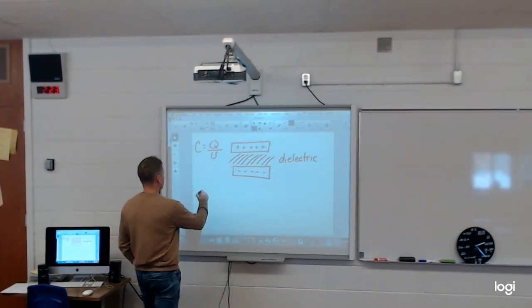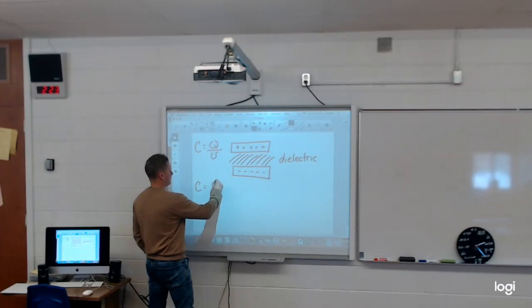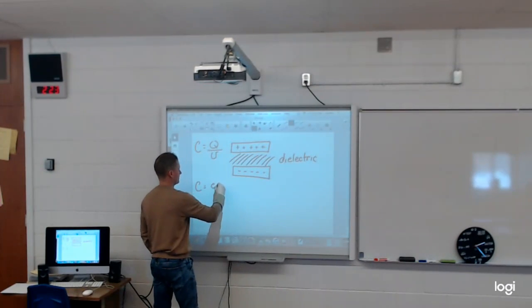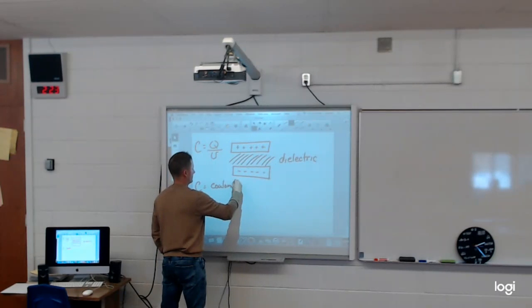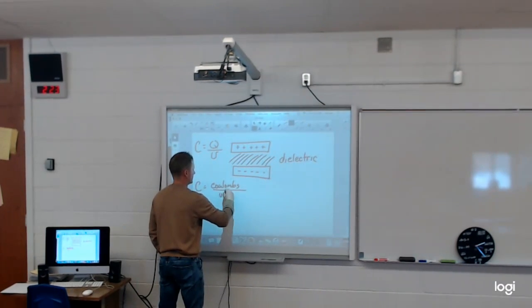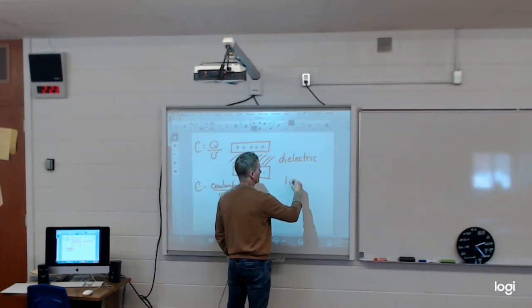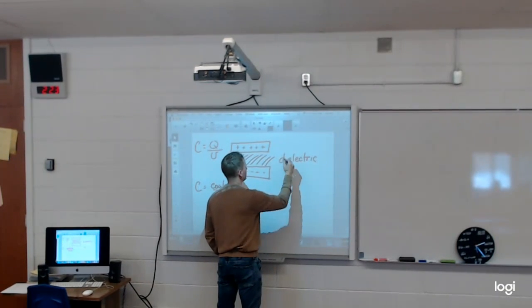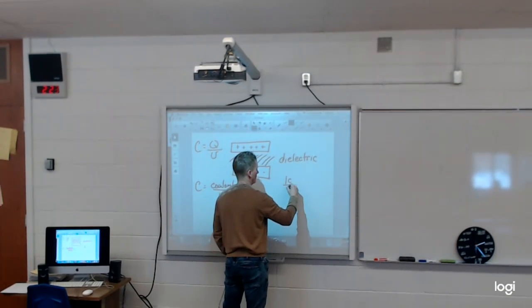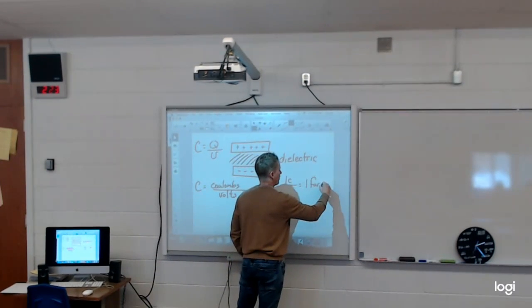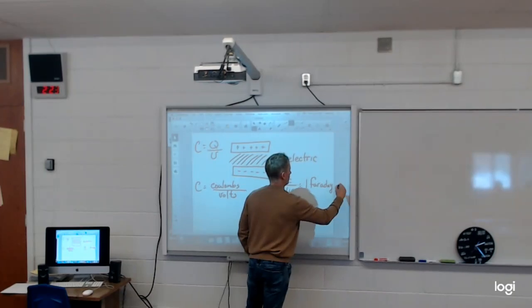Now, capacitance: we measure charge in coulombs, right? And we measure potential difference in volts. 1 coulomb for every 1 volt is equivalent to the unit for capacitance, which is 1 farad.